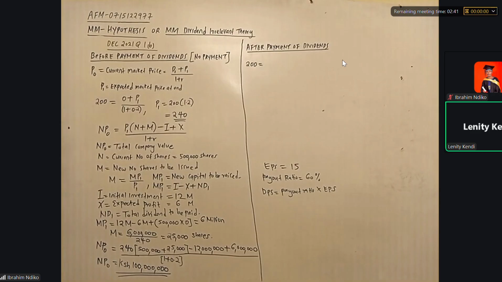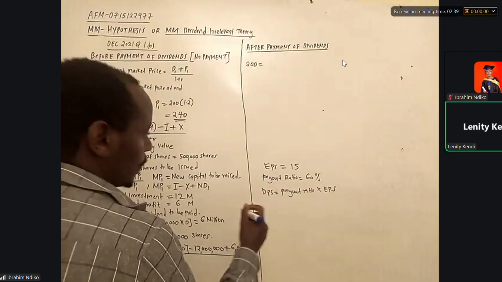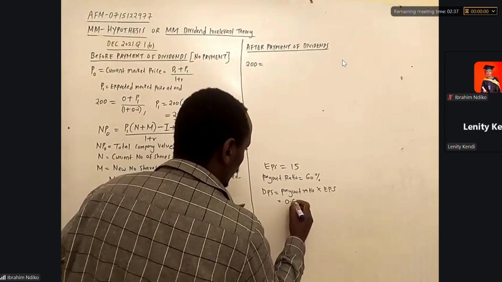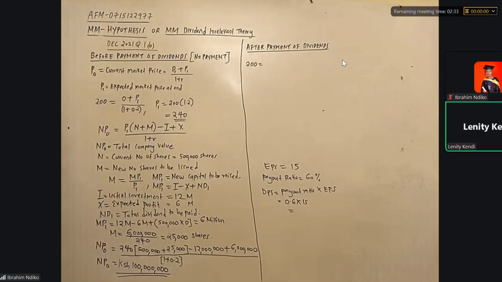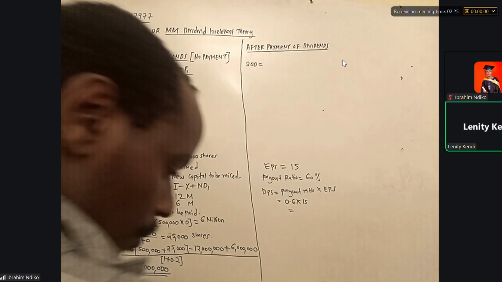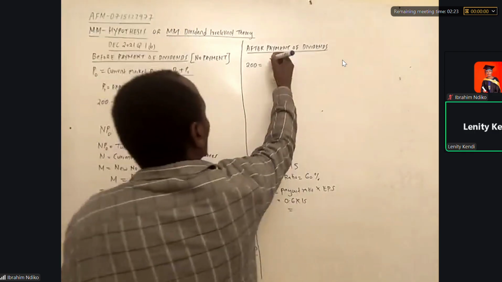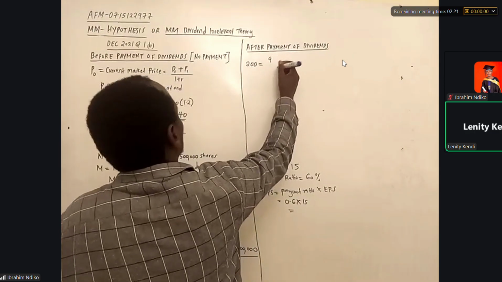Yes. So here the payout ratio is how much? 60%. 15. So what's our dividend? 9 shillings. So I am paying a dividend of 9, right?